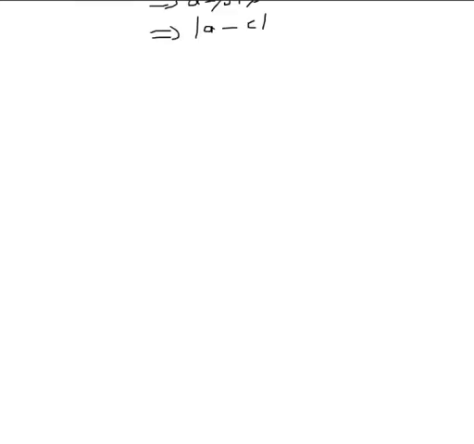Therefore, modulus of a minus c is 4 times (m plus n), which is a multiple of 4.